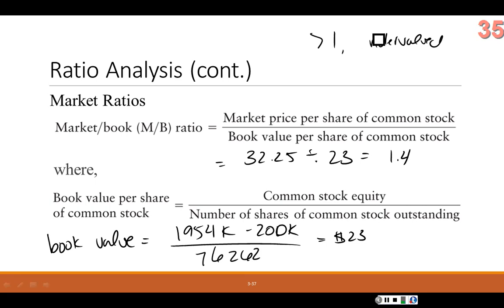Please scratch that. I just said it backwards. If the market to book ratio is greater than 1, that means the market price is greater than the book value, the stock is overvalued. If the market to book ratio is less than 1, the market price is less than the book value, then it's undervalued.